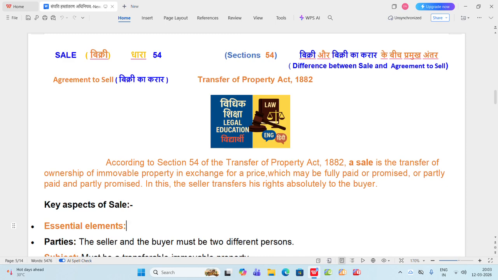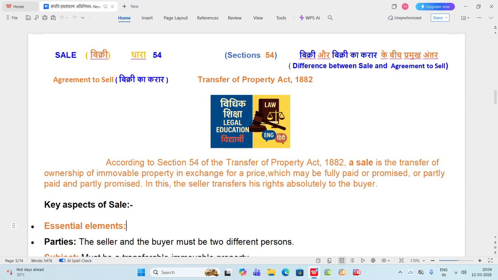According to section 54 of the Transfer of Property Act, in short TPA 1882, a sale is the transfer of ownership of immovable property. You must remember that this section only deals with immovable property in exchange for a price, which may be fully paid or promised, or partly paid and partly promised.